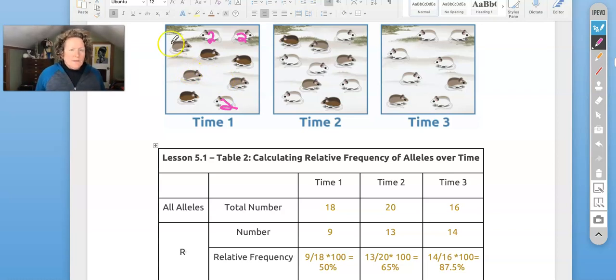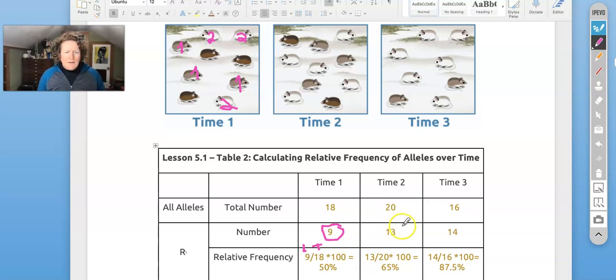So if we're just counting light here, we count 1 here in the medium mouse, 1 here in this medium mouse, and 1 here. So if we add these all up, we get 6 plus 3 is 9. So we get a total of 9 light alleles here. We take the number of light alleles and we divide them by the total times 100% equals 50%. So half our alleles in the time 1 population are light alleles.